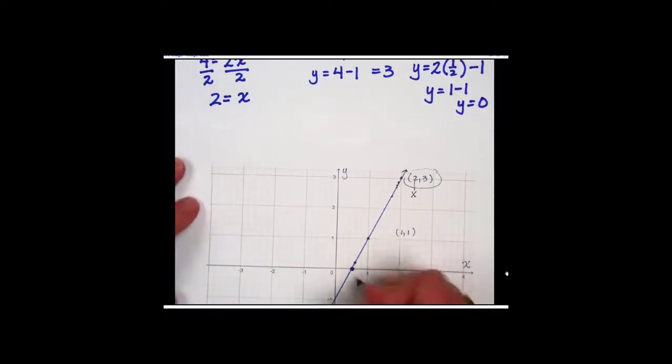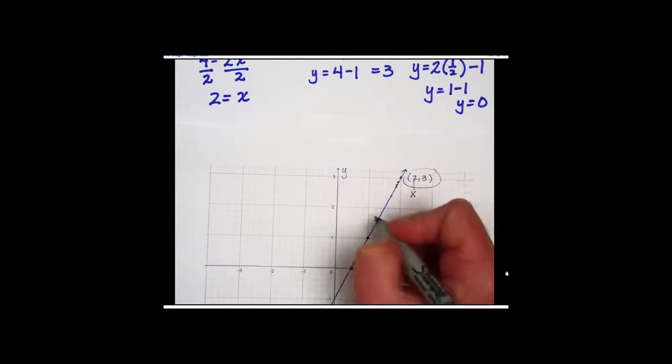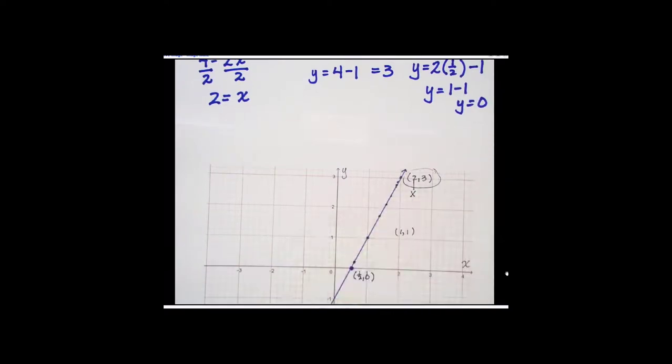Okay, so I can do that to find the value of any point along this line, and it's very important to keep in mind we're not just concerned about the ones that we can read off exactly, that are nice and neat, like 1, 1 or 2, 3. We may at times want to know every value along this line, including fractions and decimals.